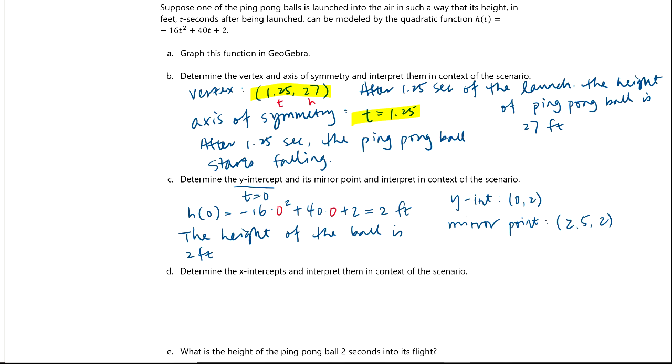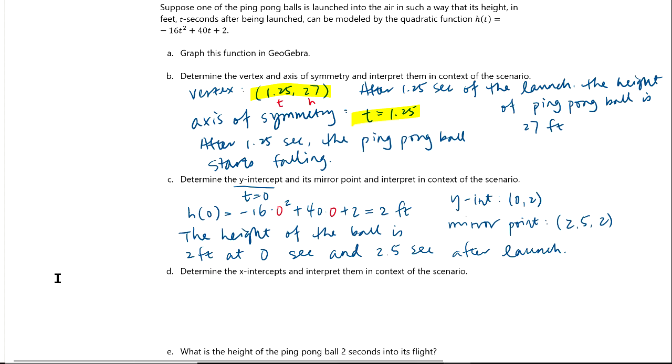So the first one is 0 seconds and the second one is 2.5 seconds after launch. So basically, initially the ping pong ball was starting off at 2 feet. It didn't start at the ground, and then it'll get back to this height after 2.5 seconds.